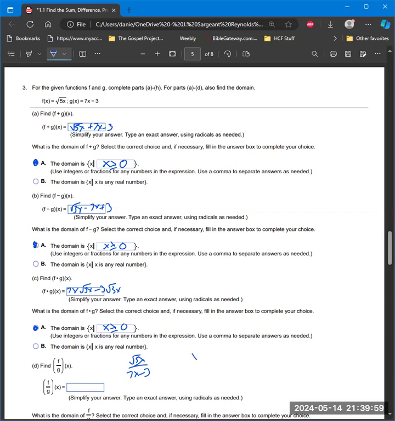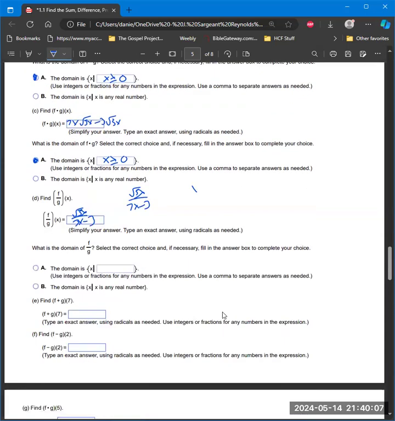So let's write this here. The domain is going to be restricted: x greater than or equal to 0, comma, x not equal to 3/7. That 3/7 comes from 7x minus 3 not equal to 0, 7x not equal to 3, x not equal to 3/7.